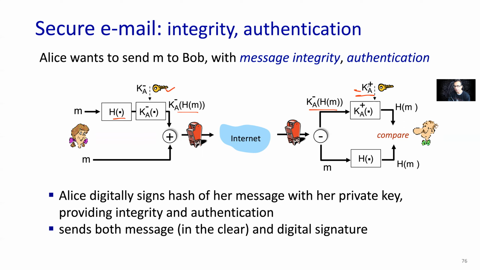So when Bob receives this, Bob can verify that this actually belongs to Alice. Then Bob applies this, gets the hash, passes the message through the same hash function, gets the hash, compares, and if they match, then Bob knows that this indeed came from Alice. No one else could have signed it, and the message itself was not altered, right?